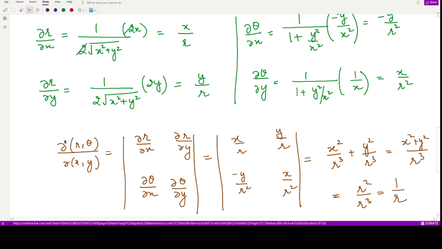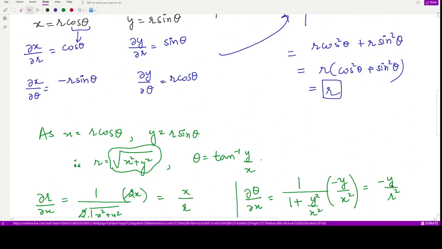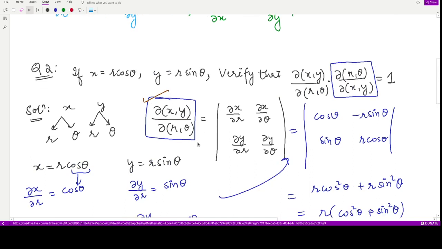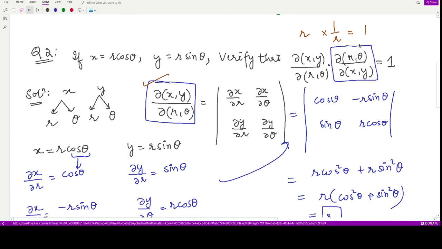So we have the value of this Jacobian of r theta with respect to x, y as 1 by r, and the value of the Jacobian of x, y with respect to r, theta is equal to r. So when you multiply these two, r and 1 by r, you are going to get 1 as the final answer. So we have verified whatever was required.